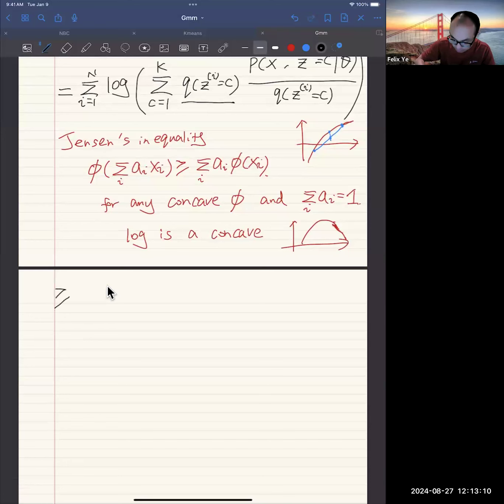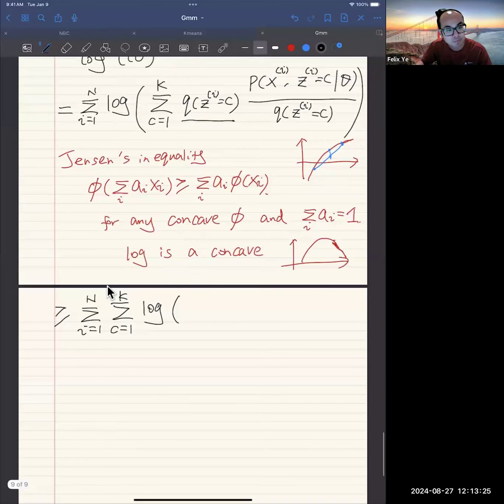So this is bigger than or equal to the summation over i from 1 to n, summation over c from 1 to k, of the logarithm of, sorry, you can think of this as being a, so this is my a_c, and your log is your phi.